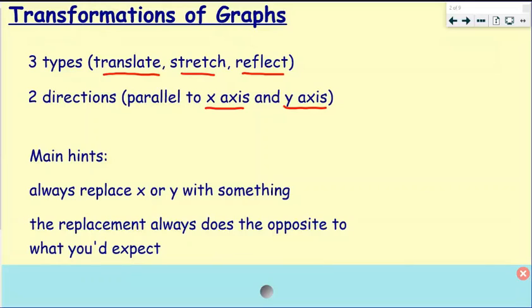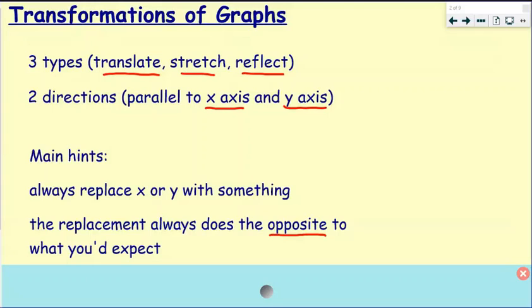The replacement always does the opposite to what you'd expect. So if we subtract something, it goes in the positive direction instead of the negative.